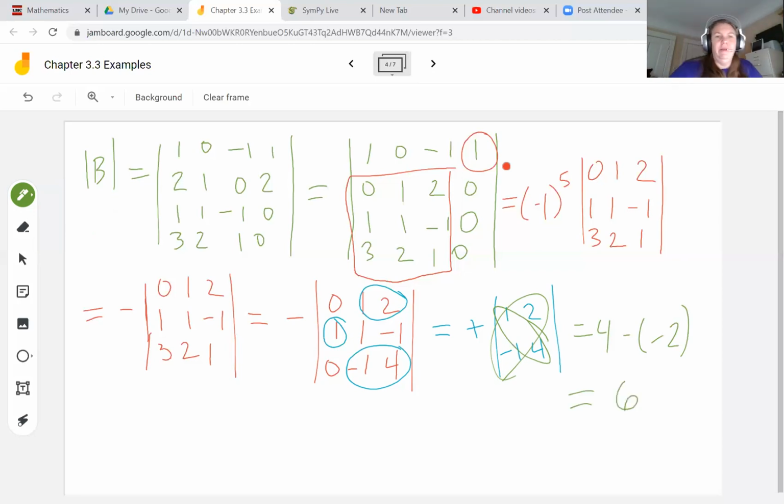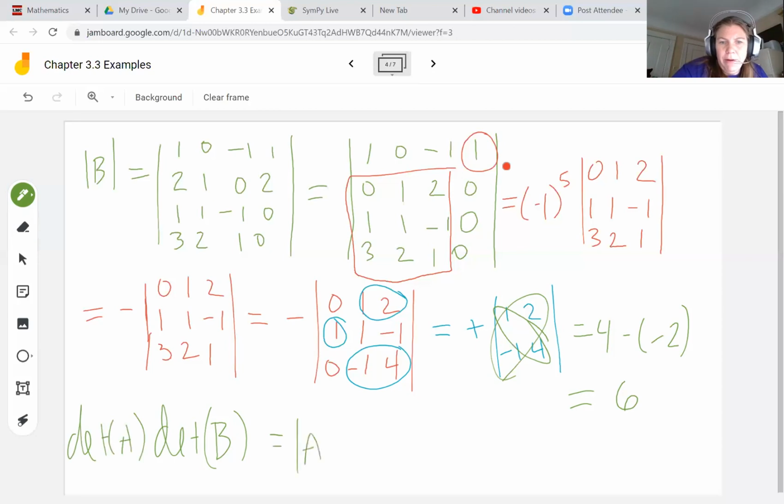All right, so determinant A multiplied by determinant B is going to be 3 times 6, or 18. So now we're going to find the product AB and check its determinant.